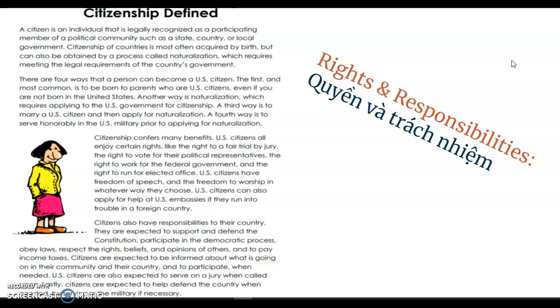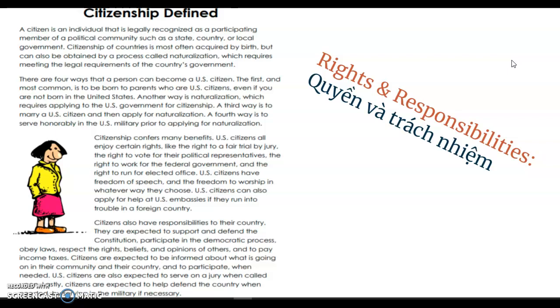Another way is naturalization, which requires applying to the United States government for citizenship. A third way is to marry a U.S. citizen and then apply for naturalization. A fourth way is to serve honorably in the United States military prior to applying for naturalization.